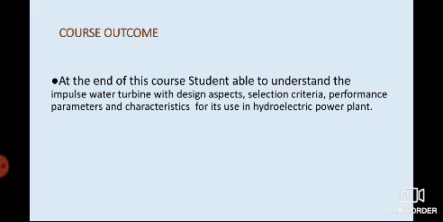Characteristics are one of the most important parameters in a hydraulic power plant, because based on the discharge, the power, and the efficiency, we can plot various curves. That is nothing but a characteristic curve.